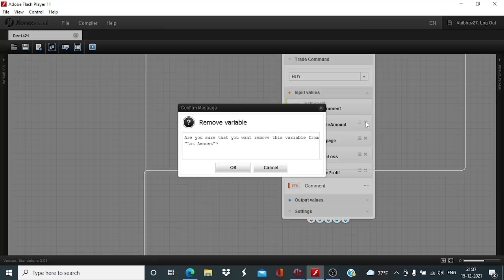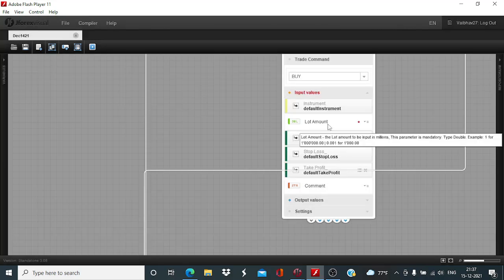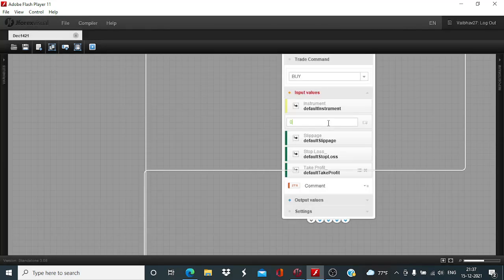Trade amount I will change to 0.1 million. Slippage 2 pips. And then comes the question of defining the stop loss and the take profit.